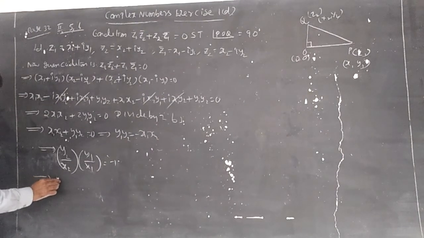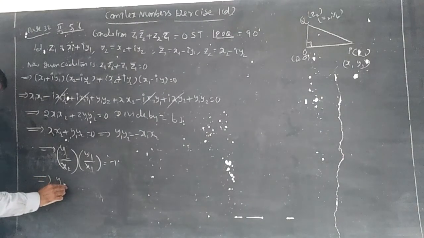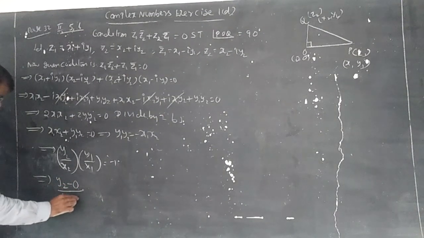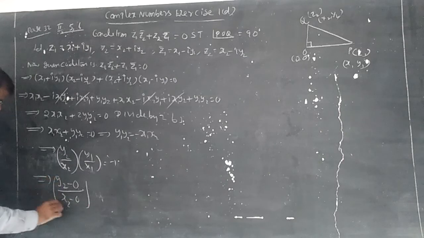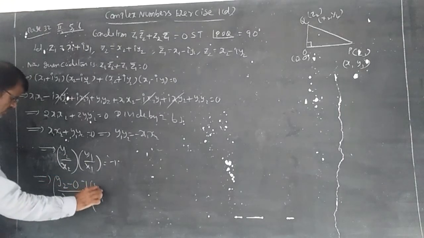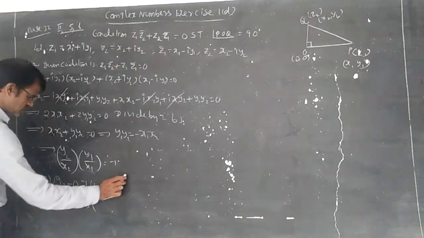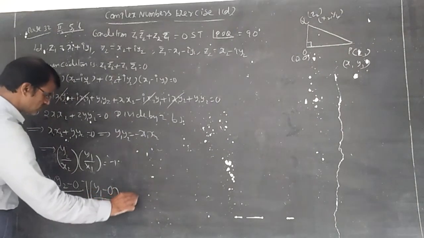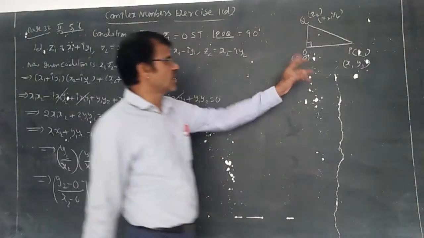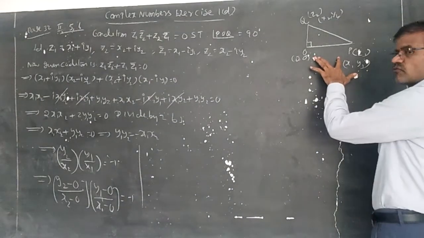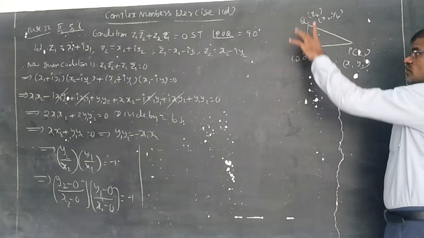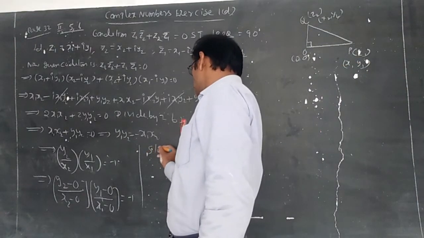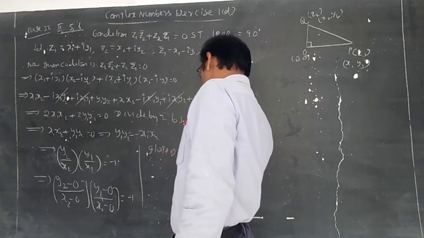That implies, next step, y2 minus 0 by x2 minus 0, put a bracket, and y1 minus 0 by x1 minus 0 is equal to minus 1. According to this diagram, you can understand this is the slope of OP and this is the slope of OQ. The product of slope of OP and slope of OQ is equal to minus 1.